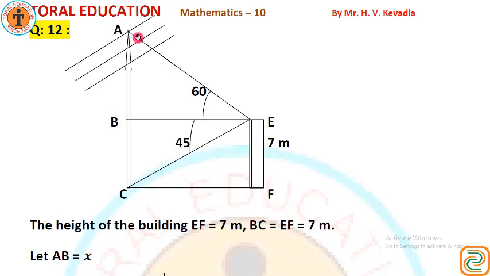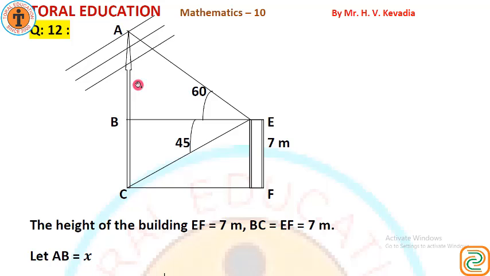This is the cable tower, here are the cables. This angle of elevation is 60, and from that point the angle of depression is 45. Determine the height of the tower. We need to find out AC.